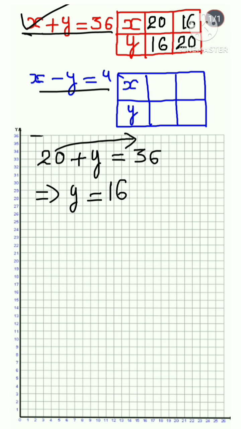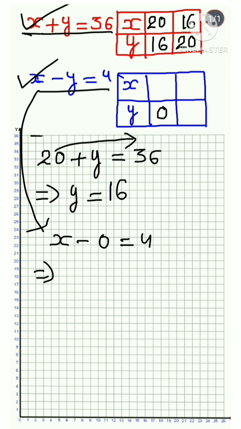Now from the second equation, firstly let's assume the value of y is 0, then what will be the value of x? x minus y equal to 4, we have assumed y is 0, then we will get the value of x, that is 4.